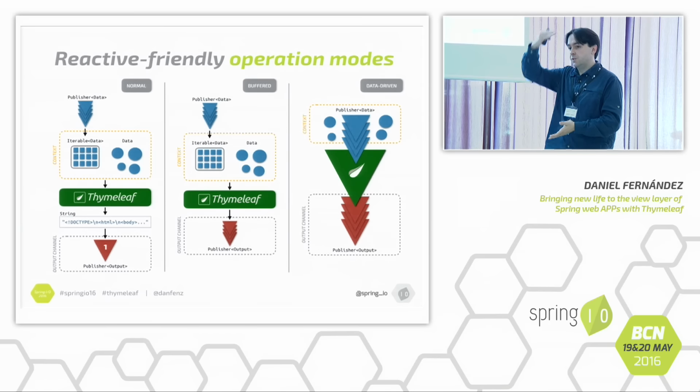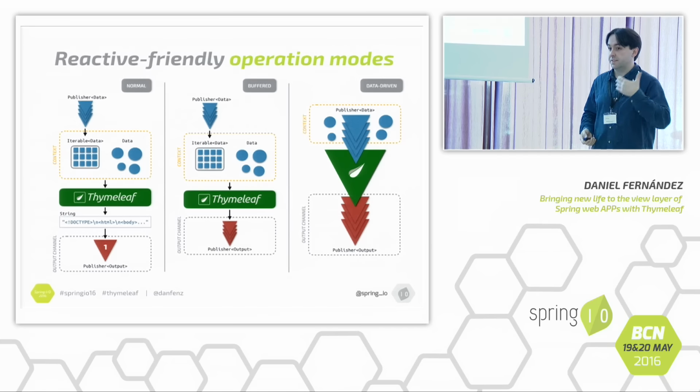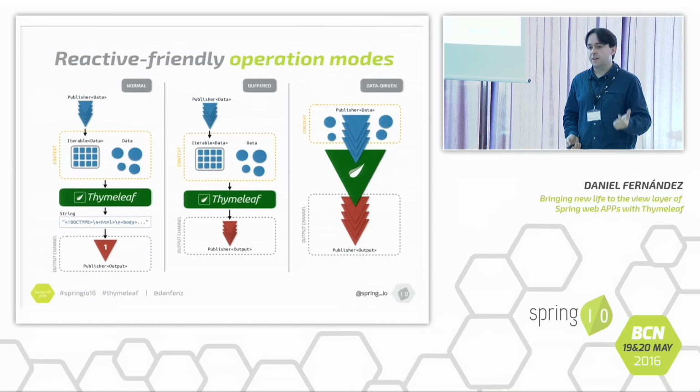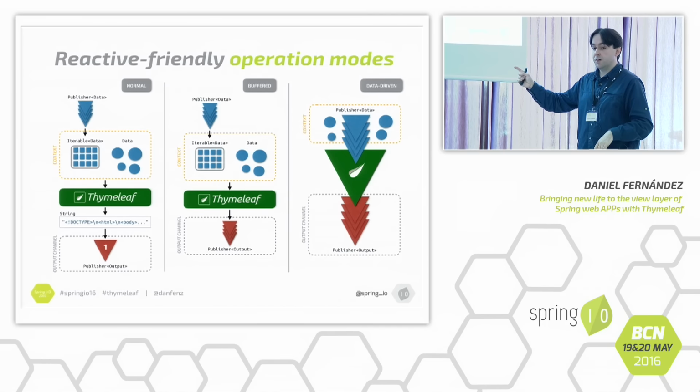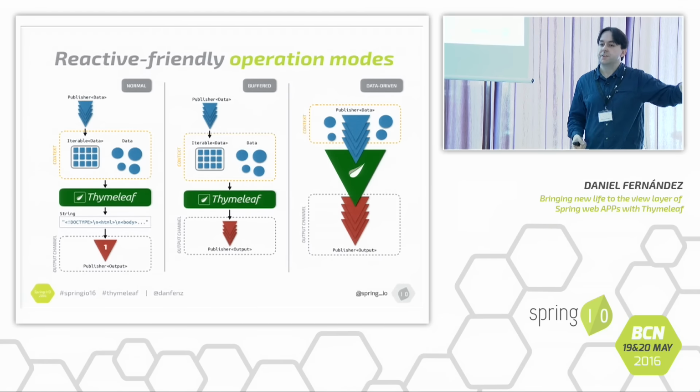You expect to have a template with a th:each, okay, with an iteration, and that iteration will point to that variable, to that publisher. And Thymeleaf will get the order of execution from the reactive flow of the publisher. It will execute up to the point that the publisher of data has provided data. It will stop there, send the output, and then wait for more requests to come. So requests will come from the output channels to generate more buffers, and then we will send them back to the publisher of data to send more data.